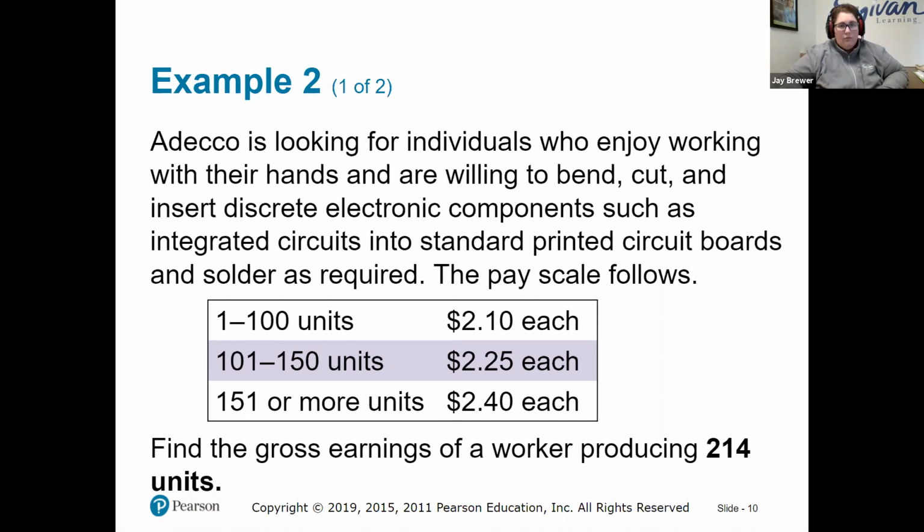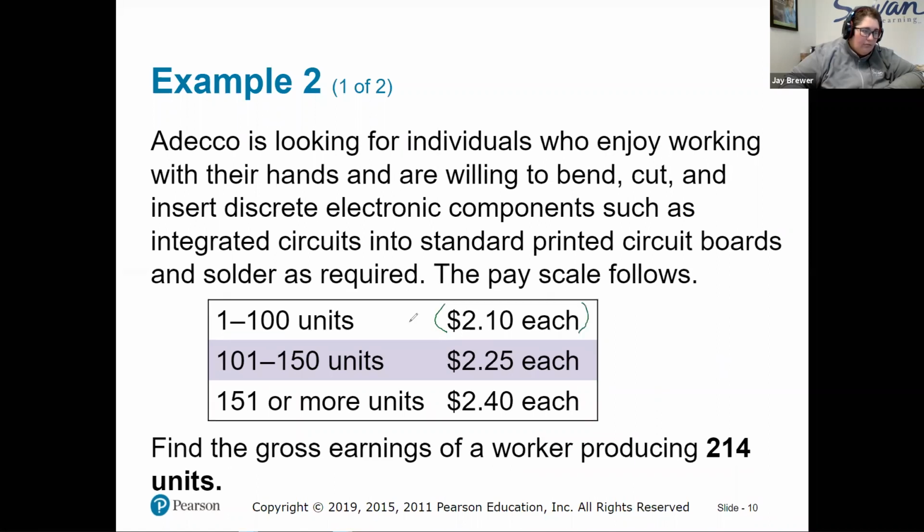Okay, so you come in here, if you hit 100, it's 100 times the $2.10. It's this rate if you fall into this category. If you exceed that category, it's this rate. Here, let me do it in a different color now.